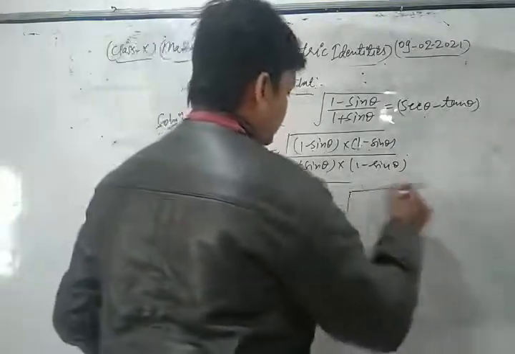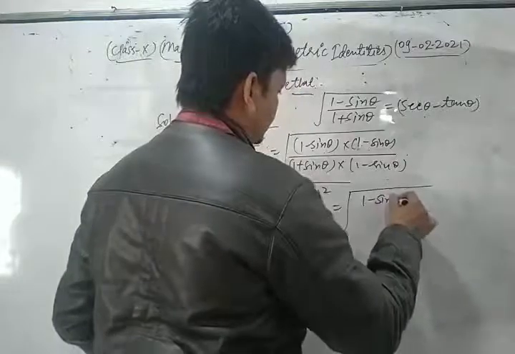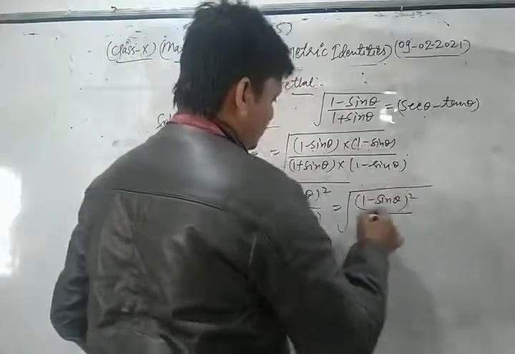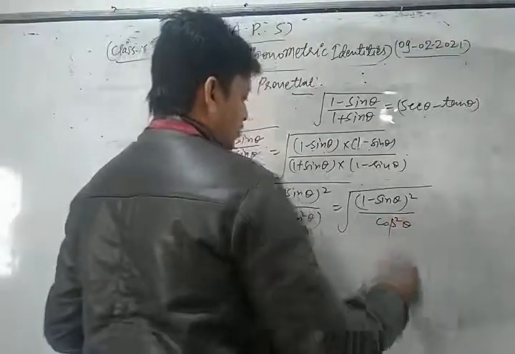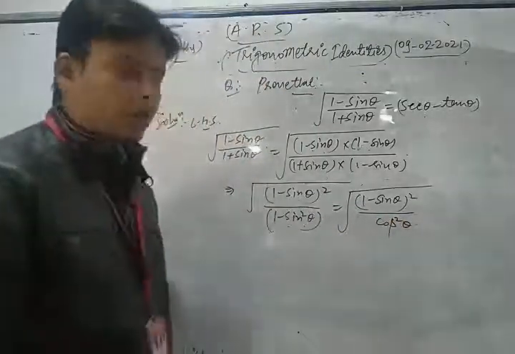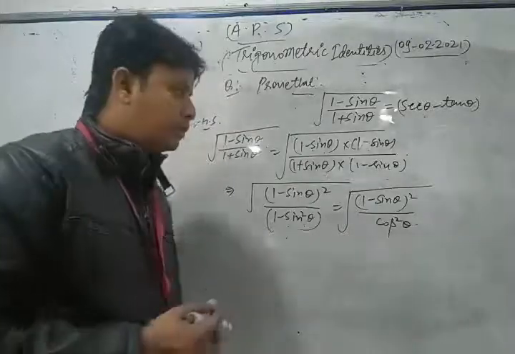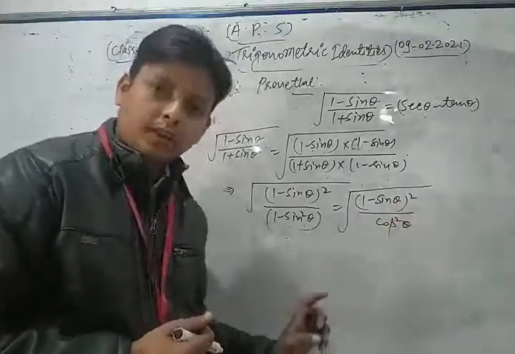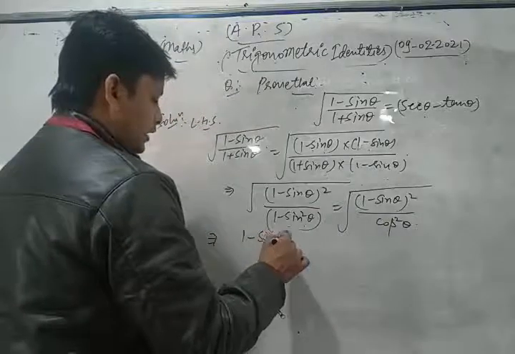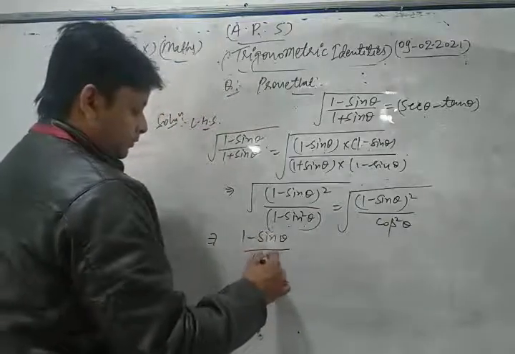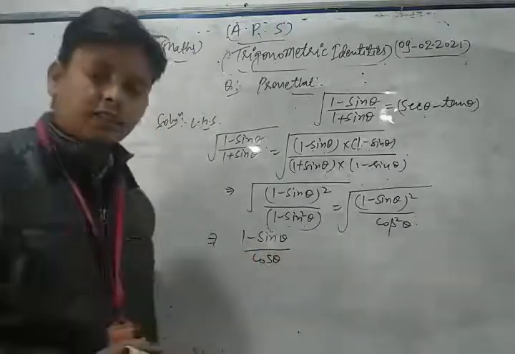Now we write 1 minus sin theta whole square upon 1 minus sin square theta as cos square theta. Now we take out of the root because both values are squared. So we write 1 minus sin theta upon cos theta.